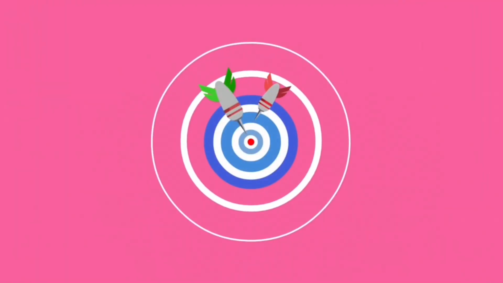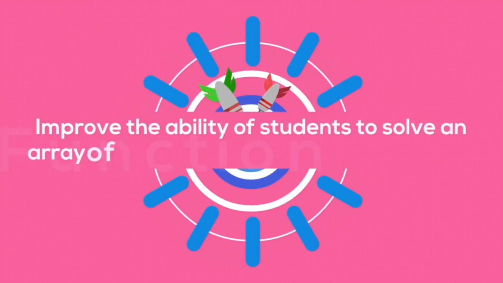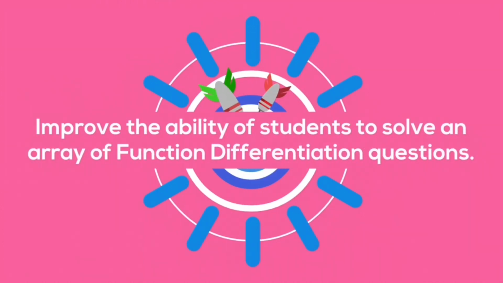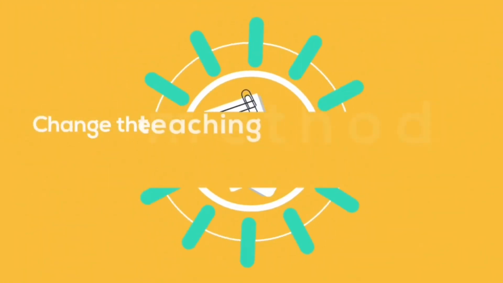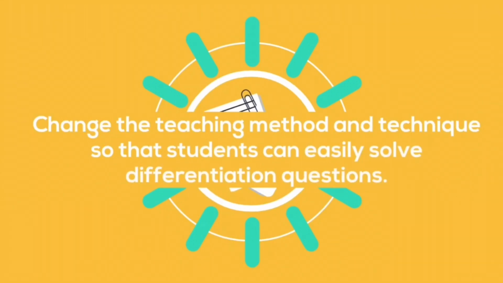The first research objective is to improve the ability of students to solve an array of function differentiation questions by being able to write the proper mathematical sentence to solve differentiation equations. Besides that, big picture, small picture aids teachers in changing the technique used to teach the subtopic so that students can easily understand how to solve problems of differentiation.